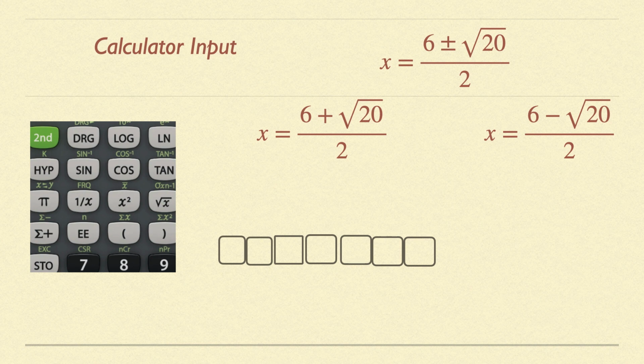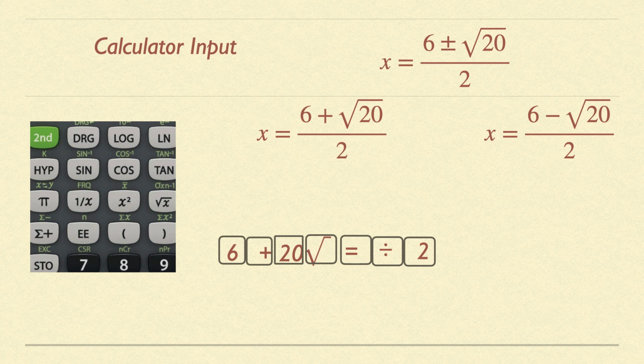So here we go. First thing we're going to do is 6, plus 20, square root, equal, divided by 2. So 6 plus 20 square root equal divided by 2, and then you're going to hit equal.